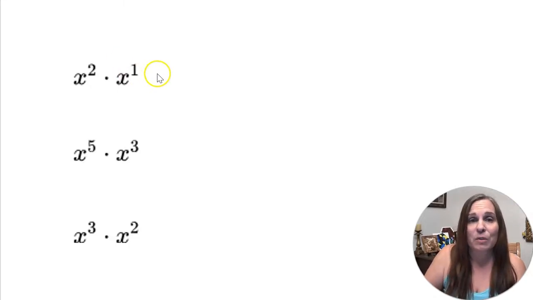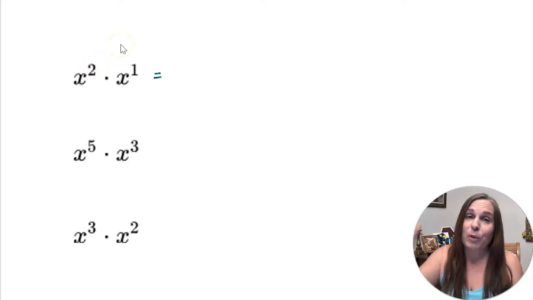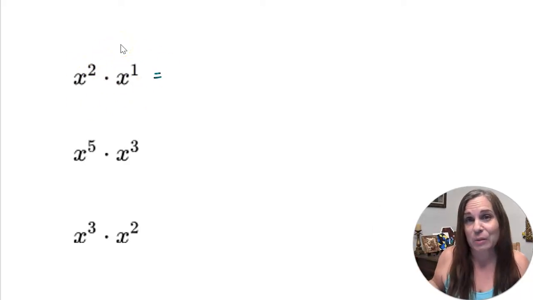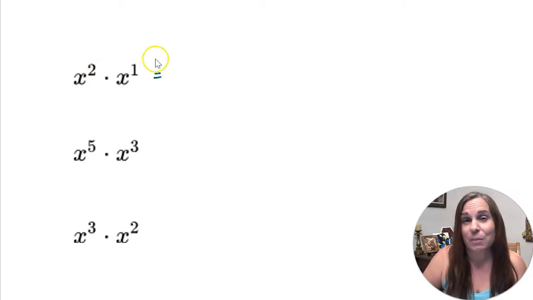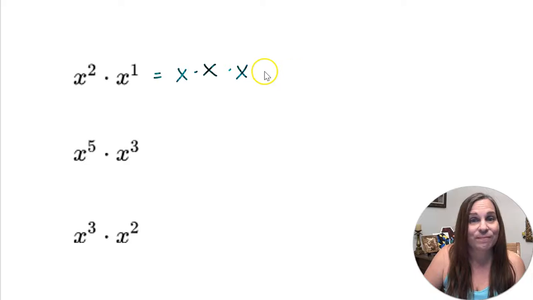right? So if I want to know what this equals, I know from looking at the rule that I have to add the exponents, but let me just show you why. So if I have x to the second times x to the first, think about what that would look like. Here's x to the second, right? And here's x to the first. All together, I've got 3 of them.